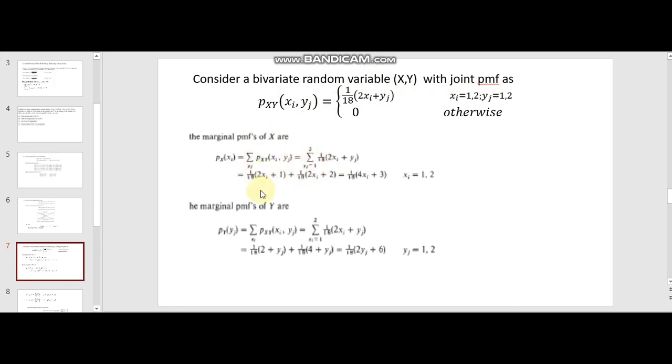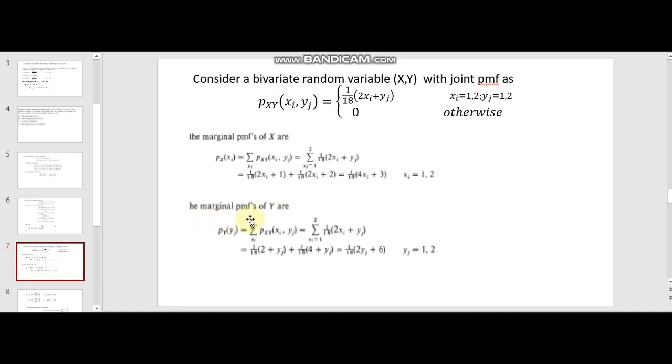So when we incorporate here, the marginal probability mass function of x, y could be 1 or 2. So here I will incorporate in this formula first y is equal to 1, 1 over 18 into 2x plus y. When y is equal to 2, when I sum up, I will get 1 over 18 into 4x plus 3.